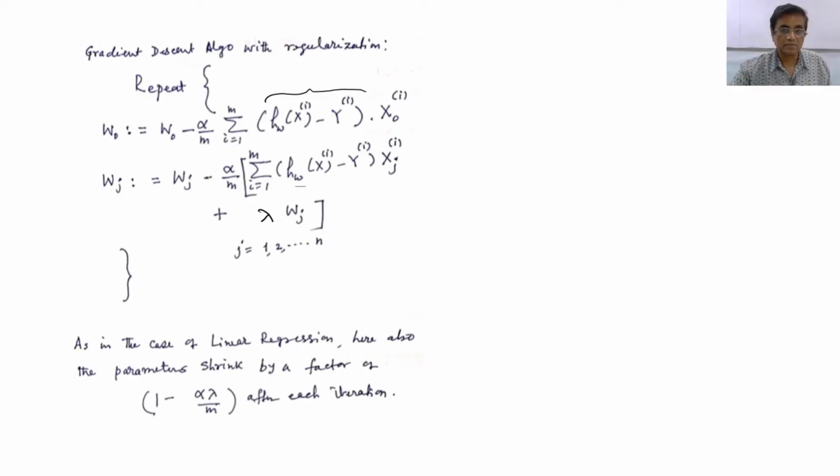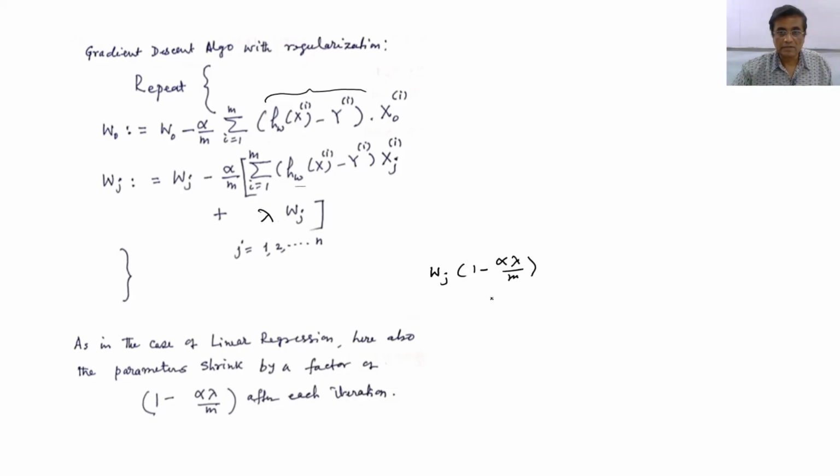So this is the algorithm with the regularizer, and as you can see, just like the linear regression model, here also the parameter wj, iteration after iteration, is being shrunk with this value.